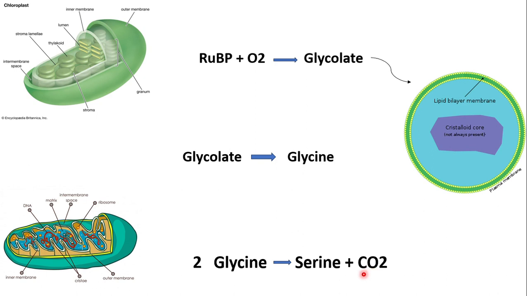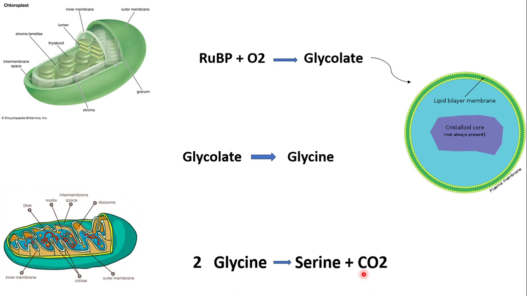So this is a simple difference: if the temperature is high or the weather is very dry and hot, then after the light dependent reaction the next reaction will be photorespiration. But if the temperature is normal, then the next reaction after the light dependent reaction will be the Calvin cycle and there will be the simple production of glucose.